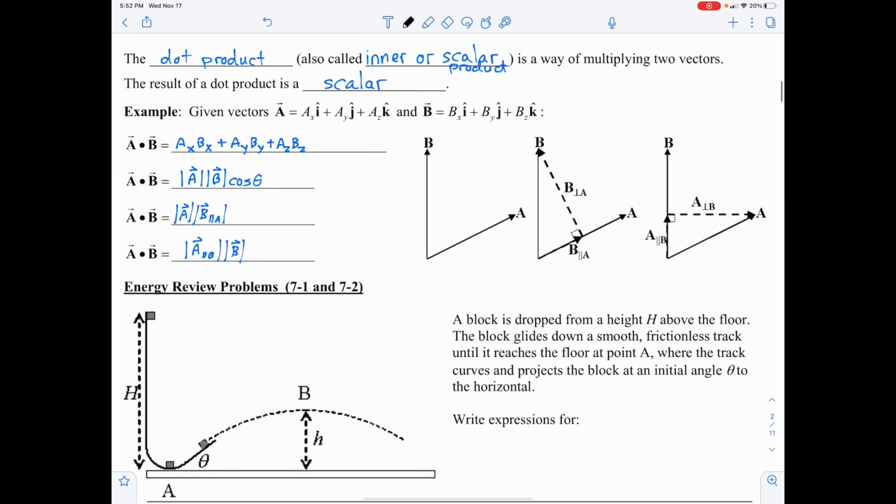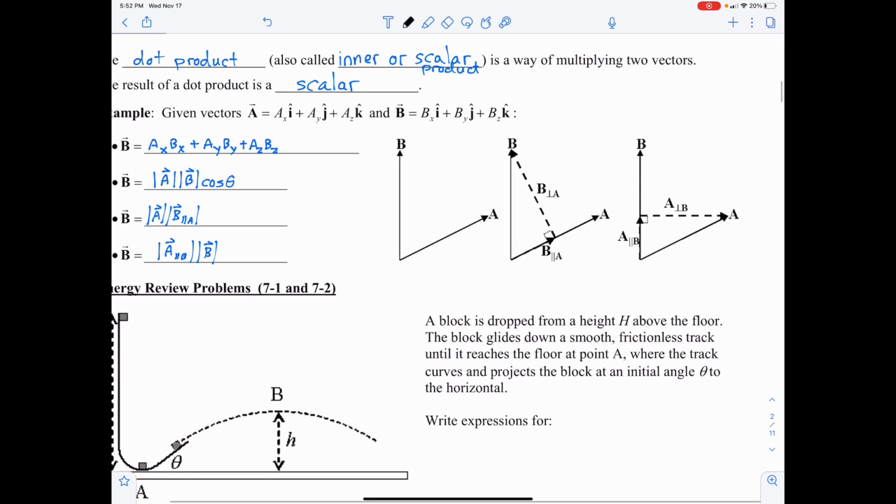You can see them in the picture oriented over on the right here. So vector A points this way, vector B points that way. And what I would need is for them to go the same way. So A is already going this way, and B has parallel and perpendicular components.